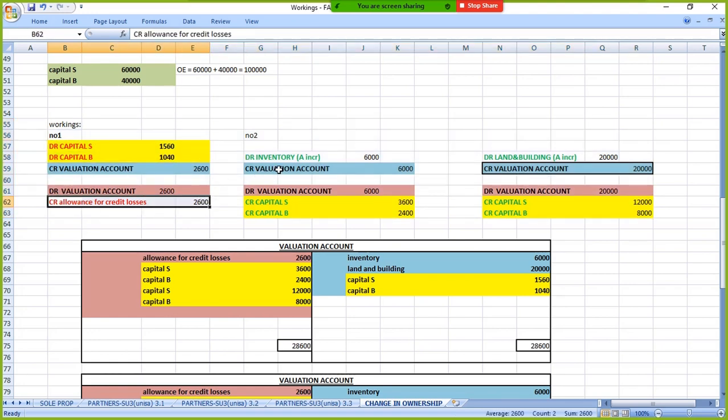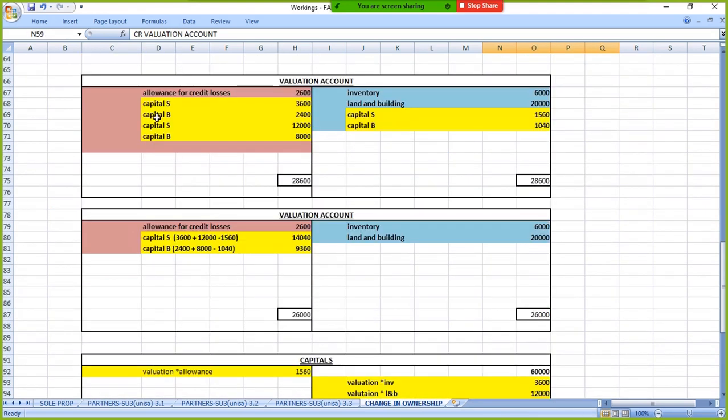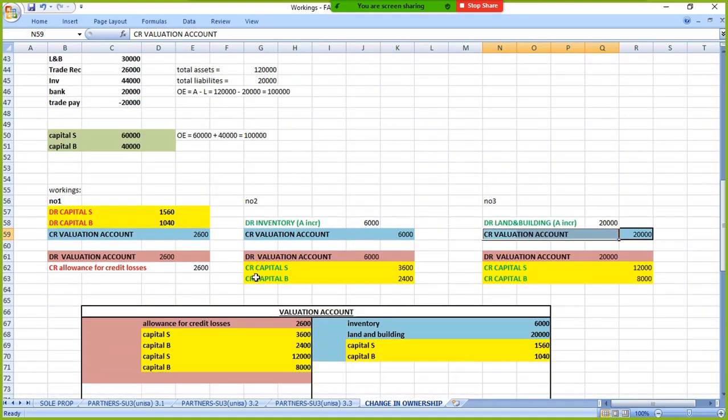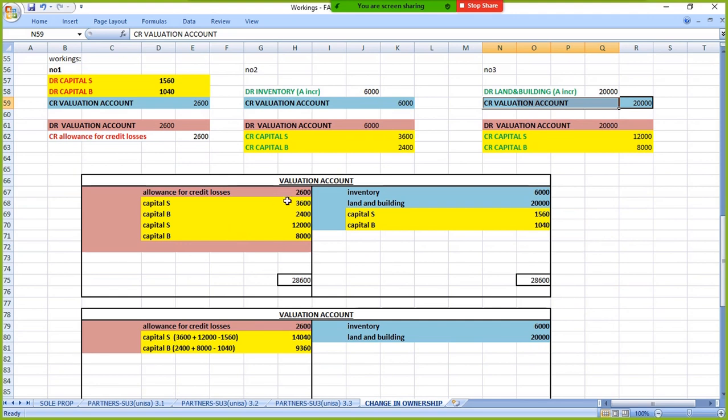Earlier when you did these workings, you told me exactly what to do. You said inventory goes up, capital goes up. You told me land and buildings goes up, capital goes up. Then just throw in the valuation. Credit, debit, credit, debit, credit, debit, and then you automatically get T accounts if you need the T accounts. Okay. Happy? Yes. Great.